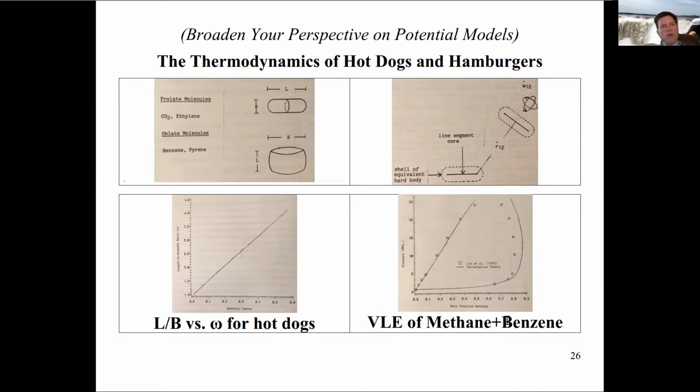That might sound like a crazy kind of force field, but it's different. People are having all sorts of trouble describing perfluorocarbons because the individual fluorines are big enough that they ought to be represented by individual interaction sites. But when you represent them that way, it just doesn't fit.